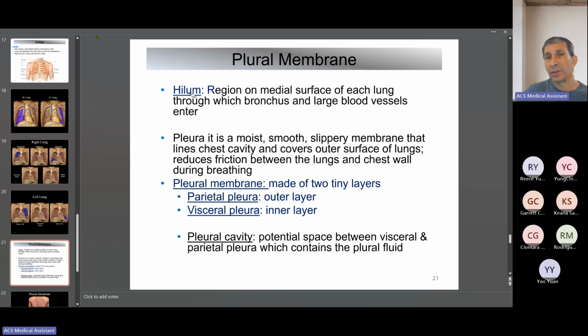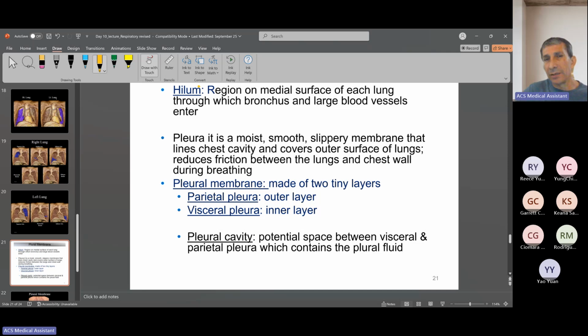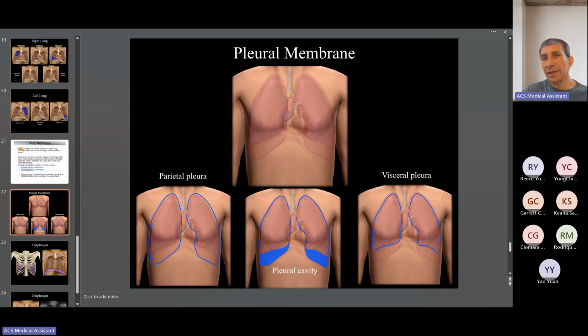And then we're going to mention the hilum, because the hilum is the place where the trachea connects with the lungs. This is the hilum, right here, where the trachea, the bronchi enter both of the lungs. That's called the hilum.